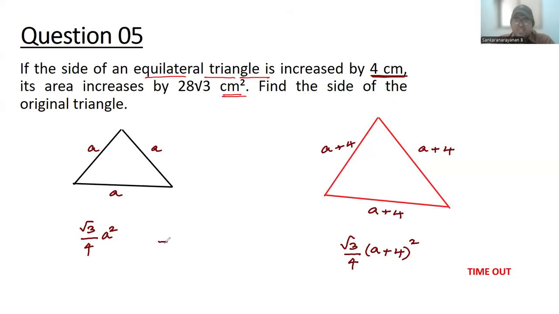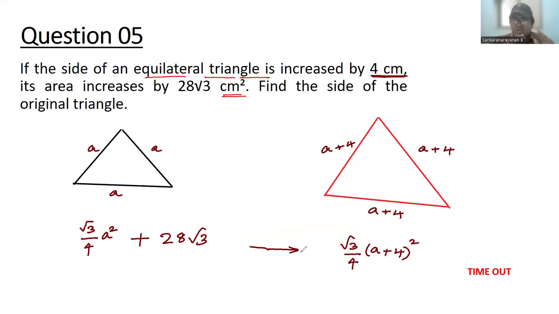This area of the smaller one is equal to 28 root 3. My mistake, sorry. It's given that this value plus 28 root 3 will give you the area of that big triangle. I'm sorry, I put it the other way around.